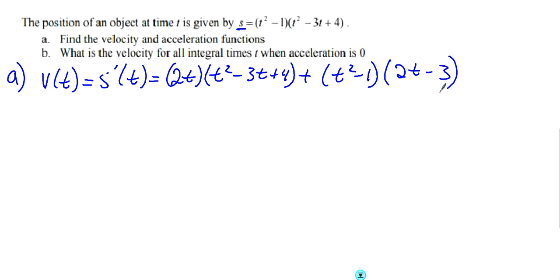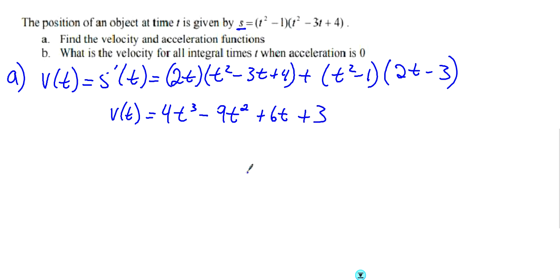That's my velocity equation. Then we FOIL it out and add up our like terms, and we get v of t equal to 4t cubed minus 9t squared plus 6t plus 3.